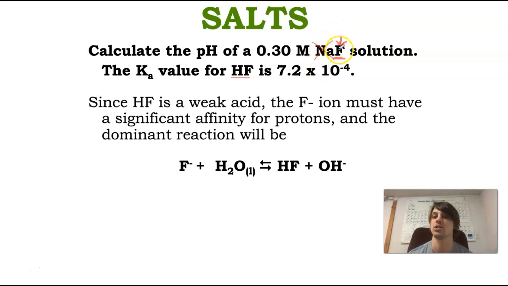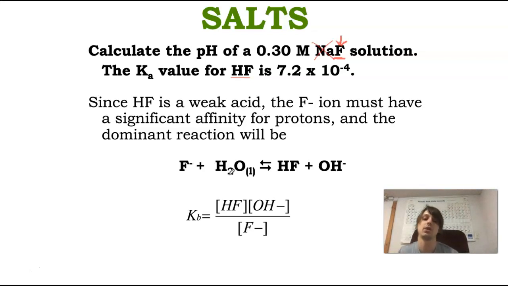All right, so first I can write my equilibrium expression. Na doesn't matter. I'm just looking at F. I know it's a base, so it's accepting hydrogen. Here is my equilibrium expression. Now, how do I determine the pH of this weak base? Because technically F is a weak base. ICE. If you're going to do an ICE table, remember you need a Kb value.